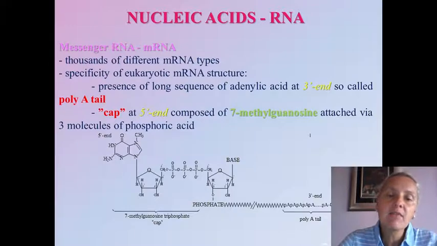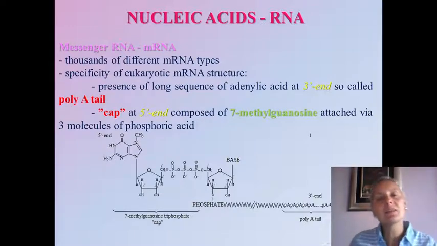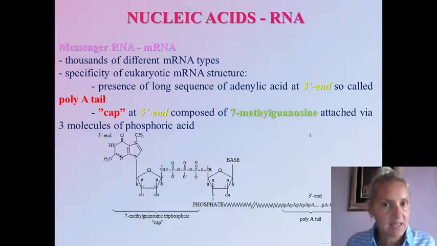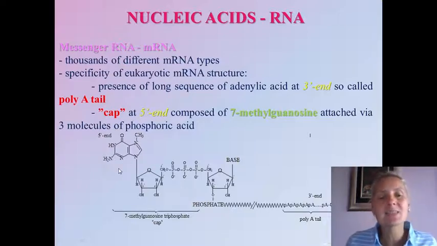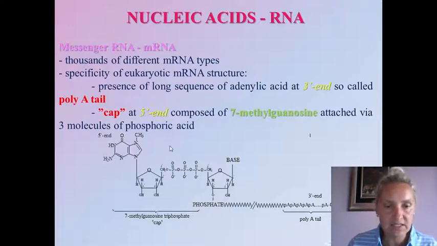So they have a long sequence of adenylic acid at the 3' end, called the poly-A tail, which you can see here from the slide. And also at the 5' end it has a so-called cap. It's composed of 7-methylguanosine, which is attached via 3 molecules of phosphoric acid, as you can also notice from the figure here.